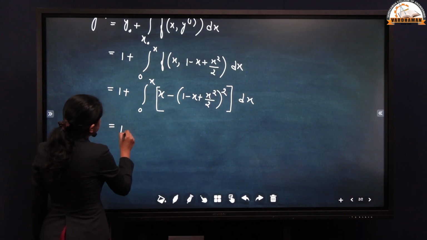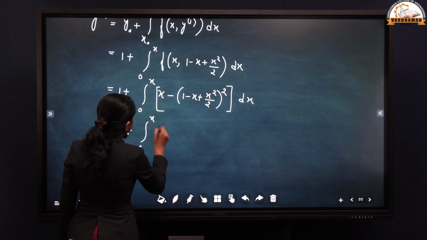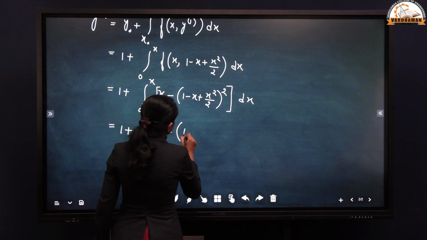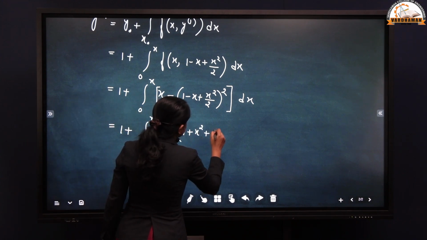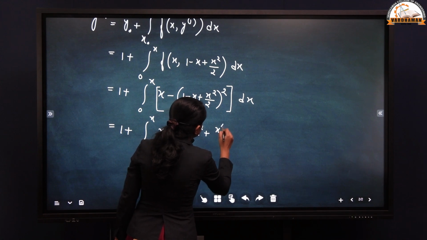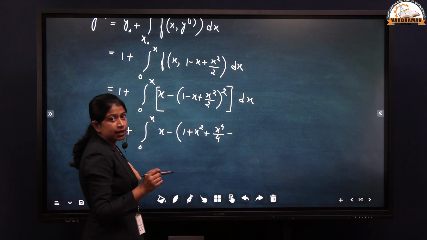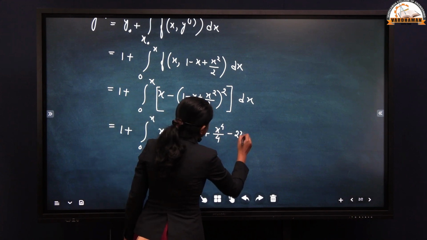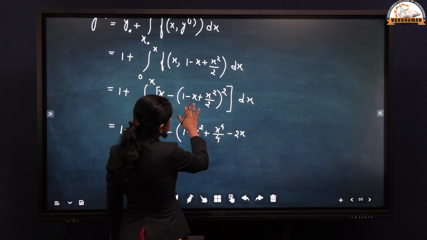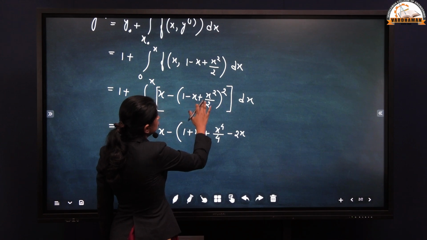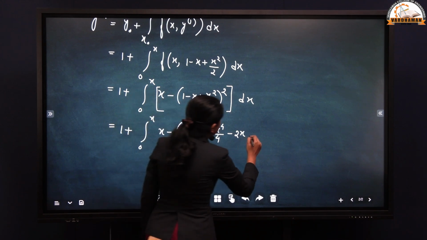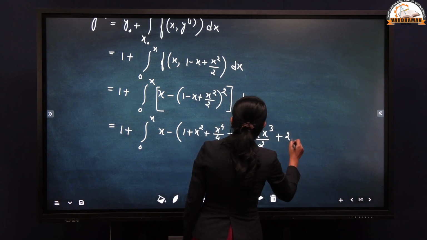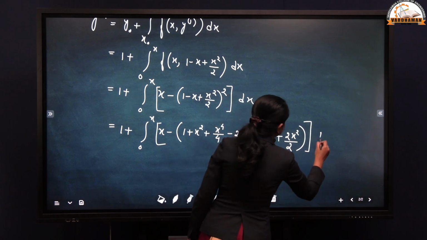So we will get 1 plus integration 0 to x of minus, this is the (a plus b plus c) whole square formula, a square plus b square plus c square. It will give you x power 4 by 4 plus 2ab, that means 2 into 1 into minus x, minus 2x, plus 2bc. 2bc means 2 into minus x into x square by 2. So we will get minus of 2x cube by 2 plus 2ca, which is 2 into x square by 2, dx.